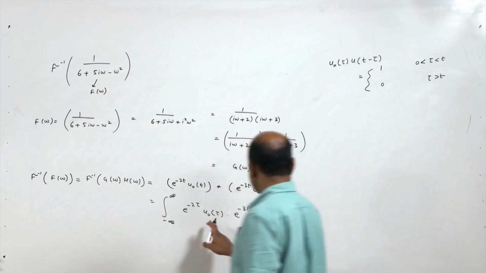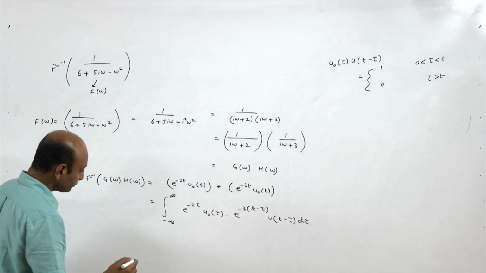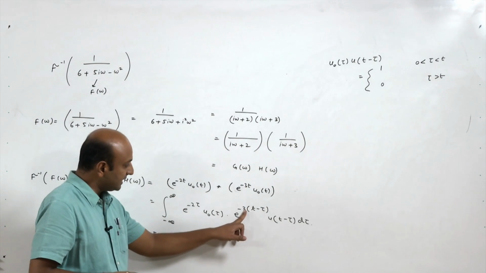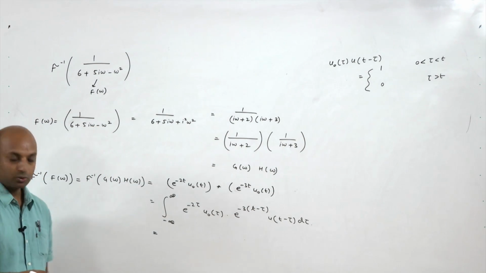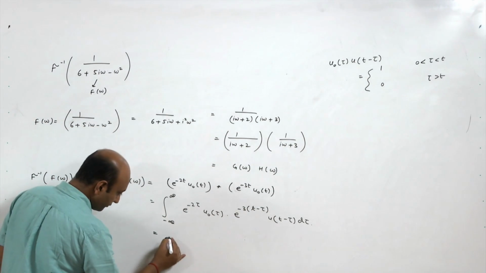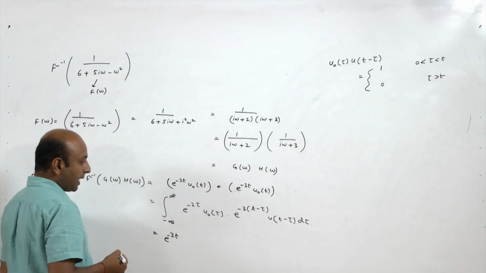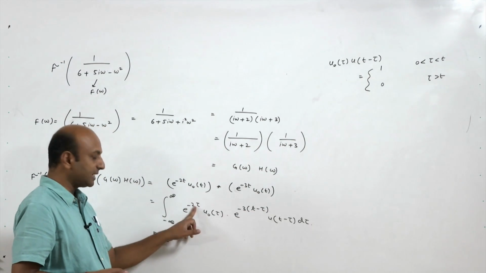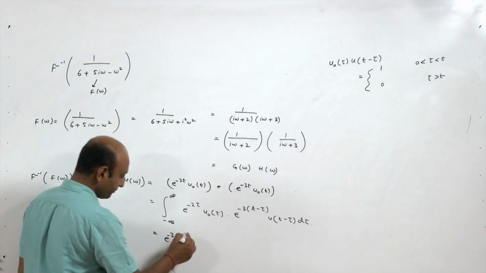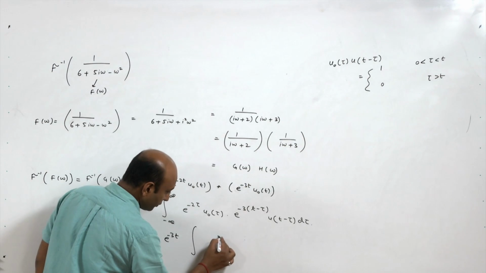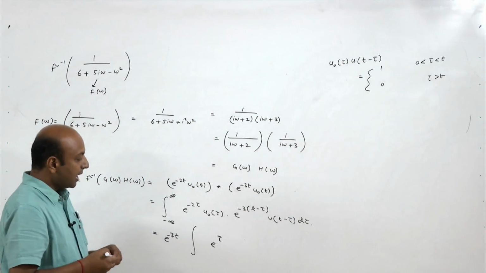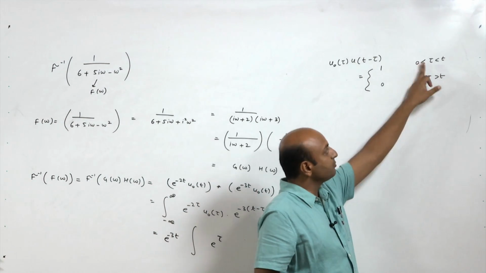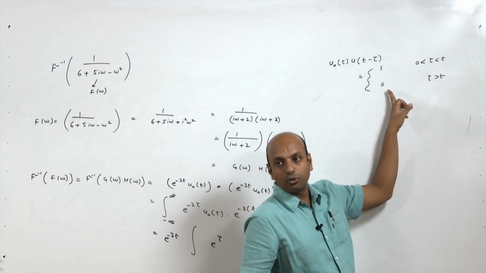When we apply this, e^(-3t) is free from tau and can come out, and it is e^(+3 tau) into e^(-2 tau), which is e^(tau). This product is 1 when tau varies from 0 to t, otherwise it is 0.